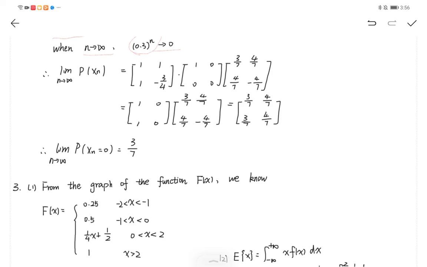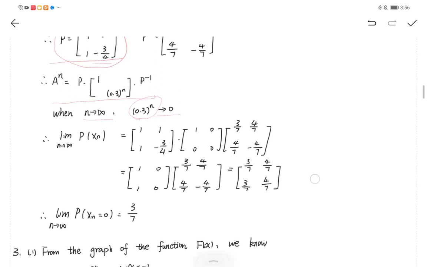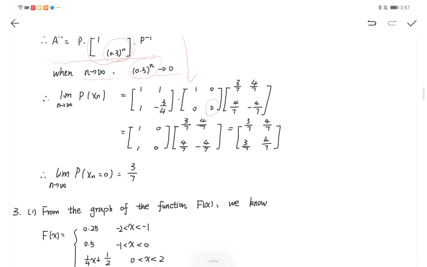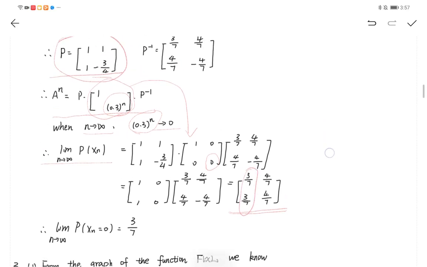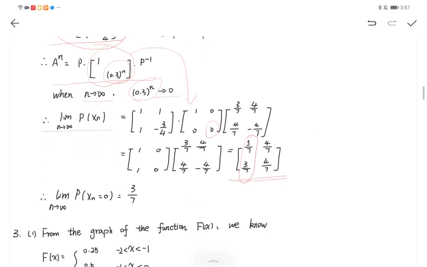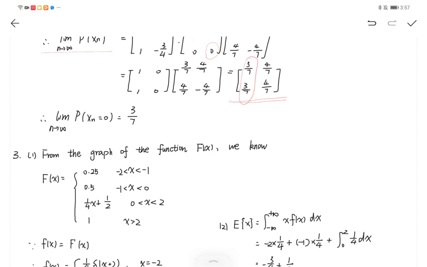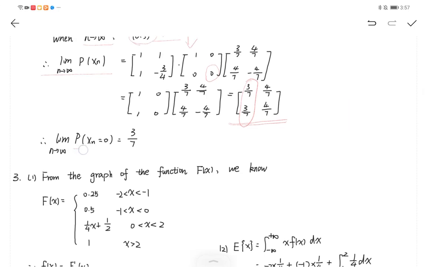So we can change this matrix to this one and this number to 0, so that we can have the final matrix like this. This is how we get the probability of getting 0. So the probability of xn equals 0 is this.